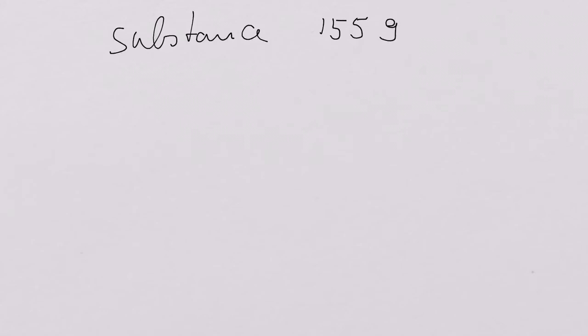Let's say we have, for example, we haven't touched on that yet, but we have a substance that is defined by what is called a molecular mass, which is 155, let's call that gram per mole. Whatever mole is, we don't care at the moment.